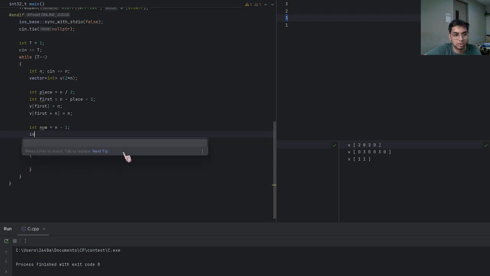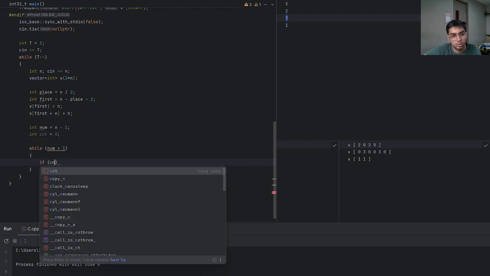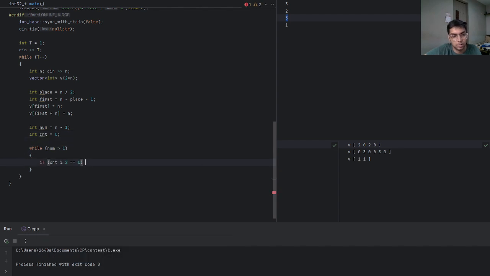If count is even, what I will do is that we will go to the endmost and place num.